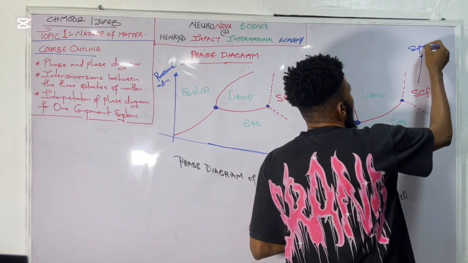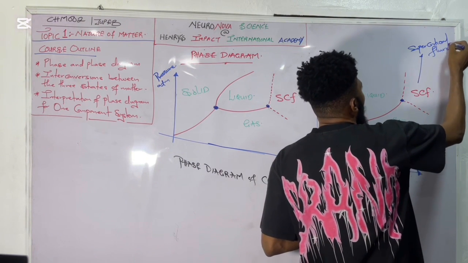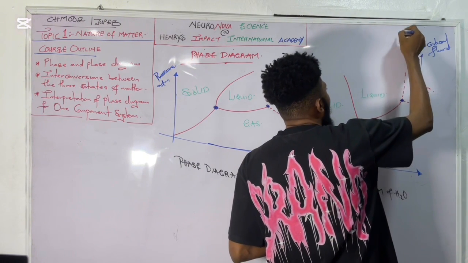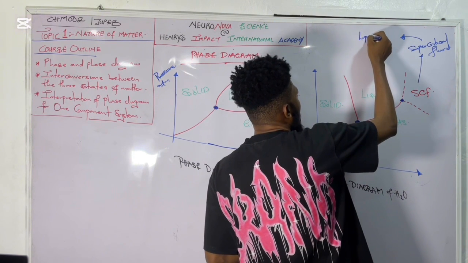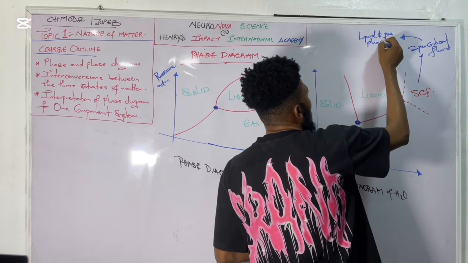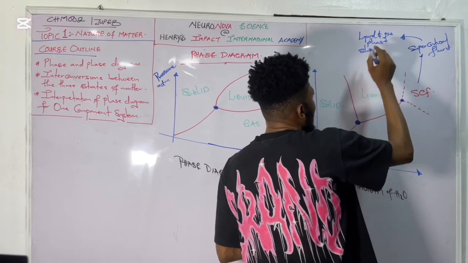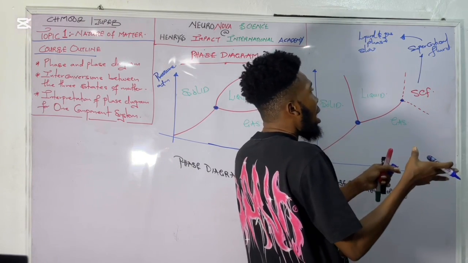So what's SCF? SCF is your supercritical fluid. And I've told you what the supercritical fluid is, right? Supercritical fluid is one in which liquid and gaseous phase show, I did not say coexist. They are not coexisting. Coexisting means you can see the liquid, you can see the solid, but they are existing in equilibrium.